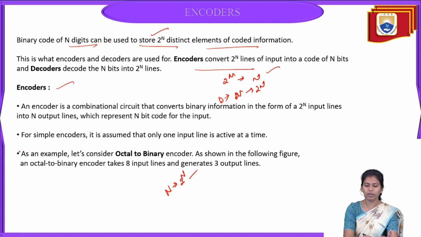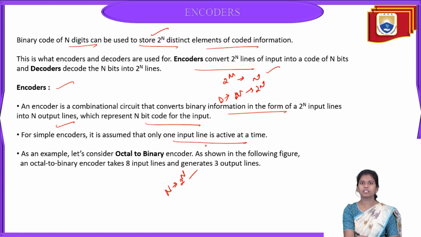Coming to encoders, they are combinational circuits that convert the binary information of 2 power n input lines to n output lines, an n bit code. For simple encoders, it is assumed that only one input line is active at a time.